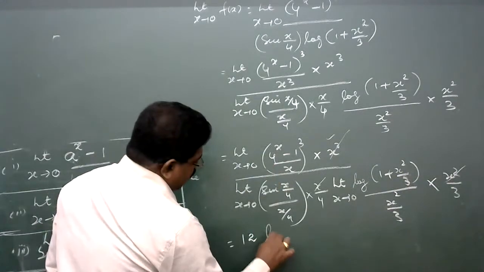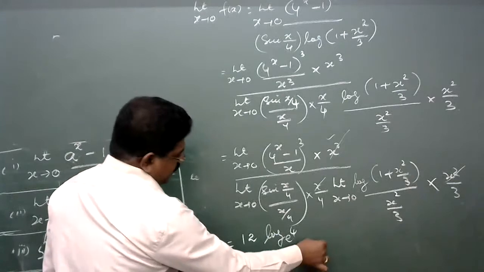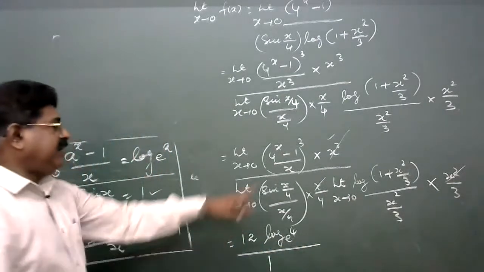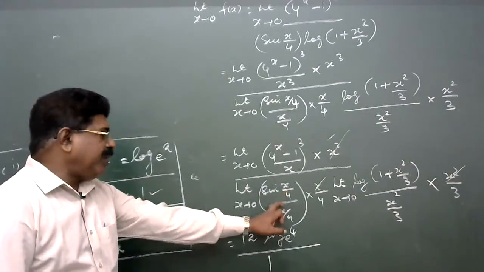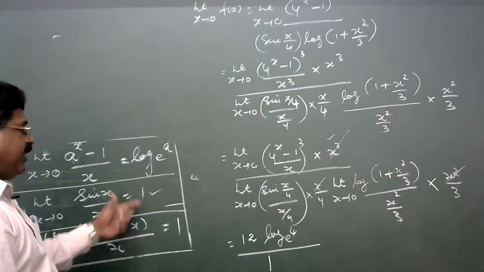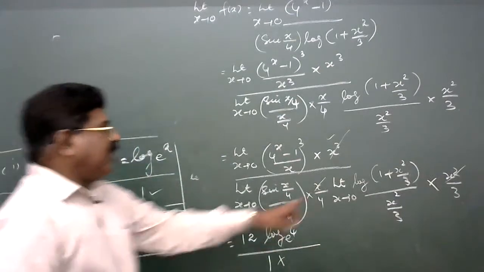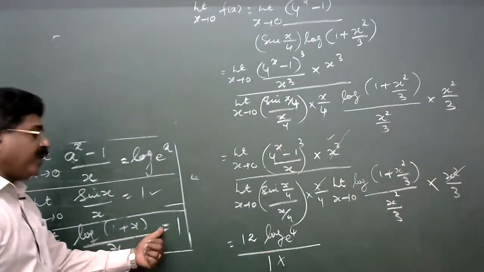That is log of 4 to the base e, the whole upon 1. Limit x tends to 0 of sine x upon 4 upon x by 4 is equal to 1, into, and log of 1 plus x upon x is equal to 1.